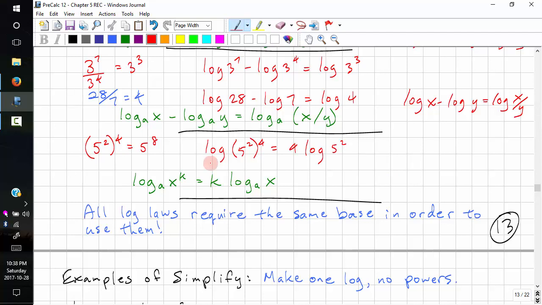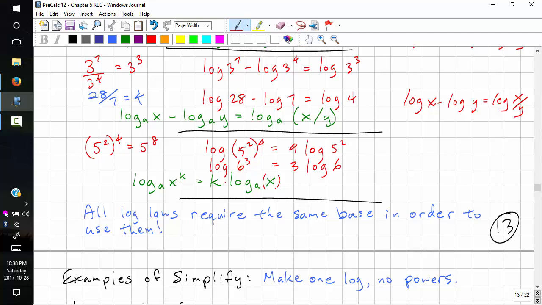Okay, and if we had a simpler example, log 6 to the power of 3, this equals 3 log 6. So our general formula is log base a of x to the power of k equals k log base a of x. These are all times, and x is the parameter.